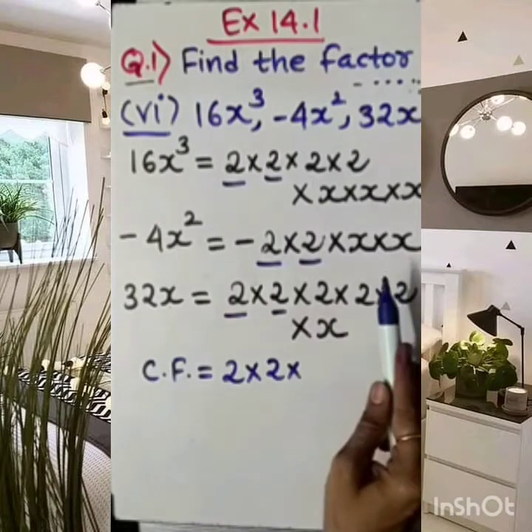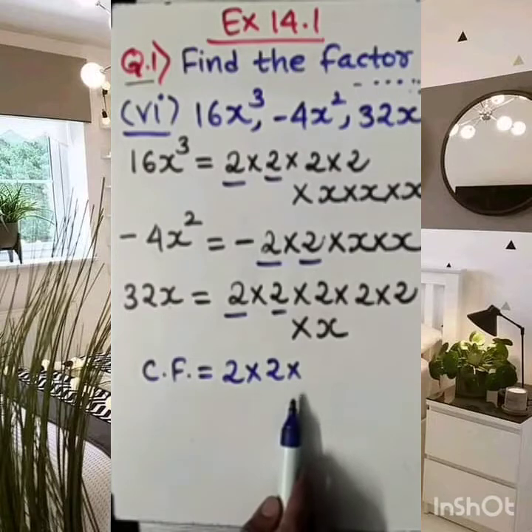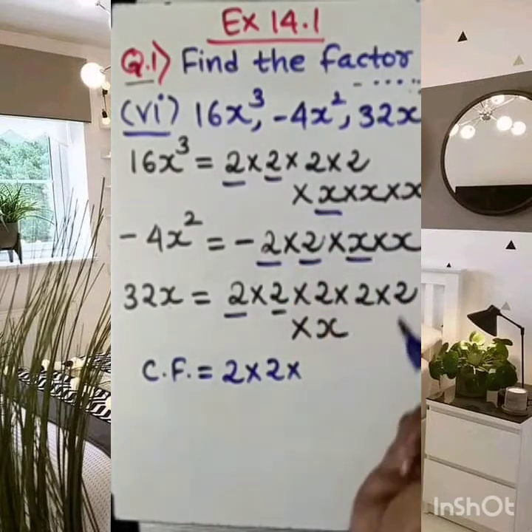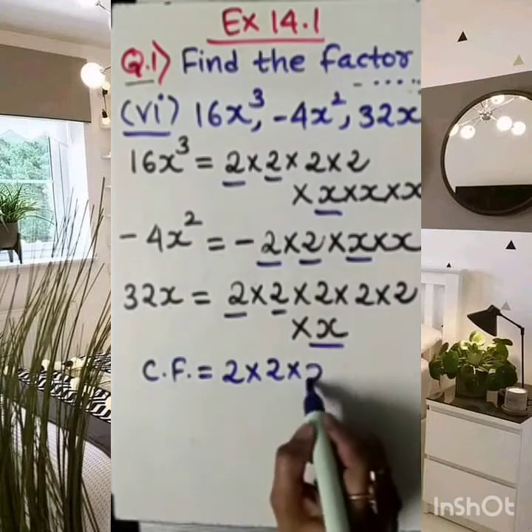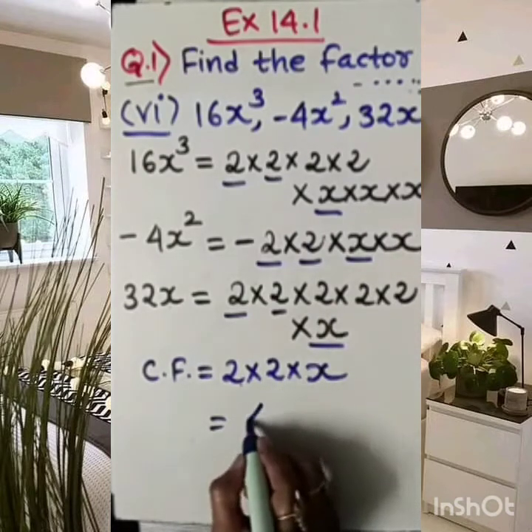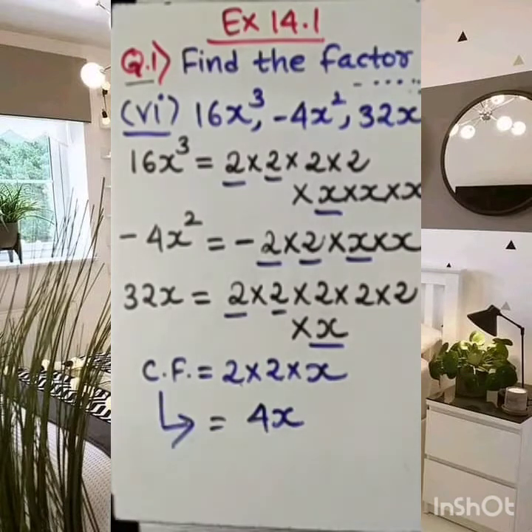What about x? x one time and one time. So dear student, these are the common factors: 2 to the 4 into x, that is 4x. So the common factor is 4x of these three terms.